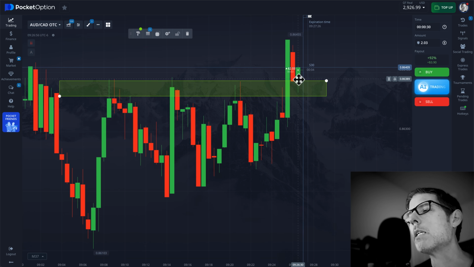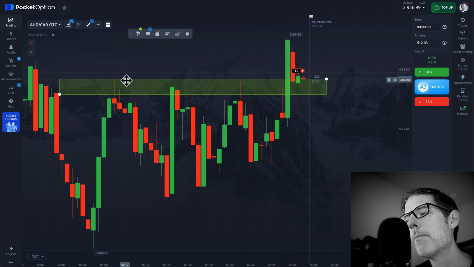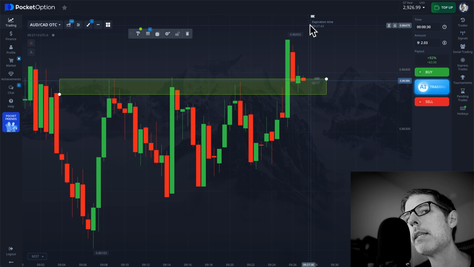So what does that mean, a retest, right? Well, normally, like when you're trading within a zone, oh, that was a loss, by the way. But normally when you're trading in a zone, if the price breaks out of that zone, it usually will come back to the zone before it continues in that direction of where it's broken out to. Okay, so that's what the retest is.